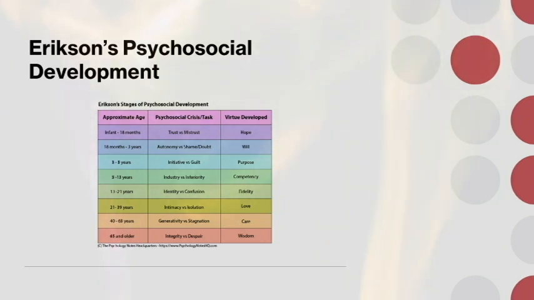Then we have the big ones, the ones that you're probably dealing with right now. Identity versus role confusion in adolescence, so 12 through to 18, you could even argue up to 25. In this stage, adolescence is marked by a search for a coherent sense of self.